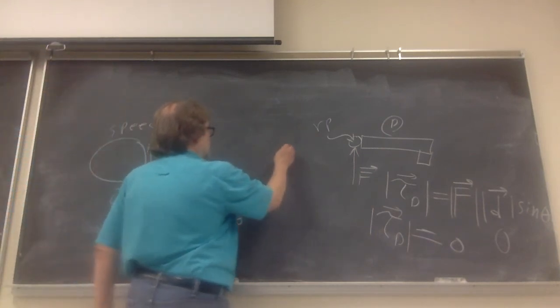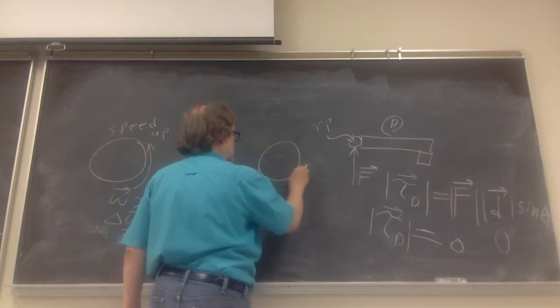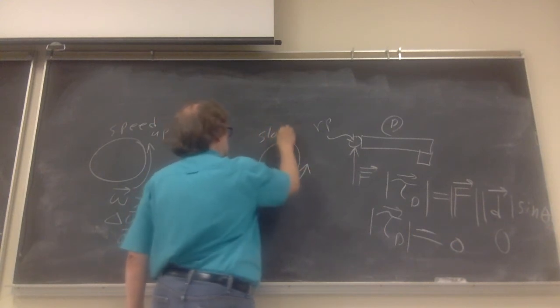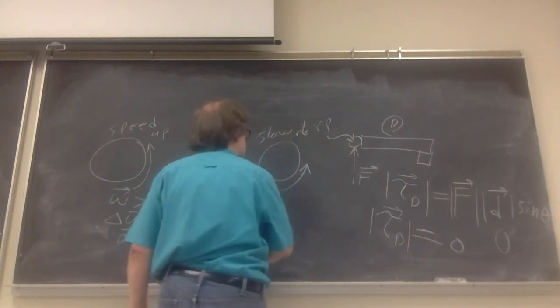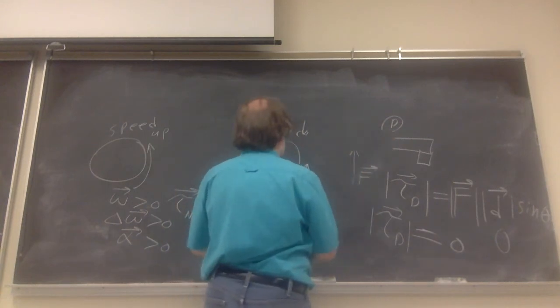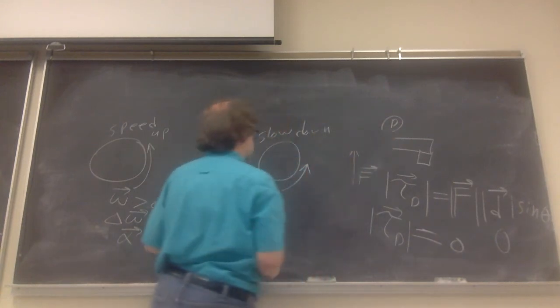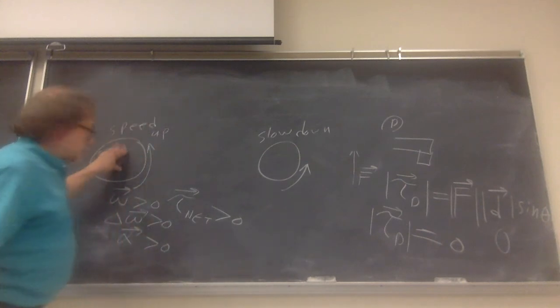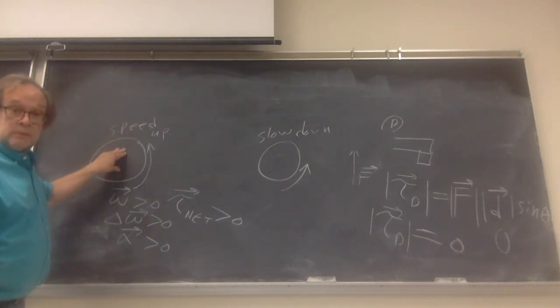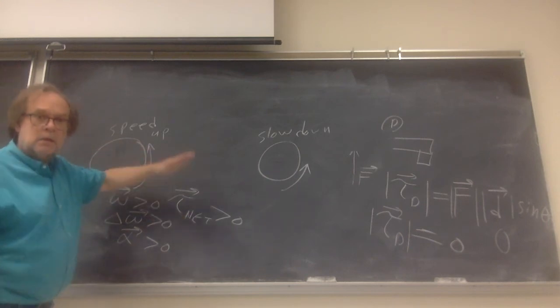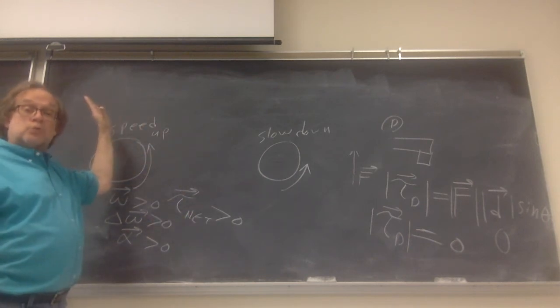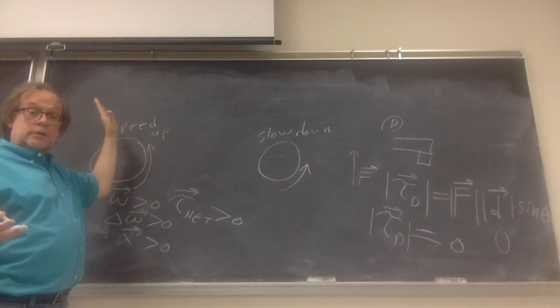And then one other example here, let's say, again, counterclockwise rotation, slowing down. By the way, this kind of situation was what happened when I was opening the door. I was making a counterclockwise rotation up here that wasn't there before.